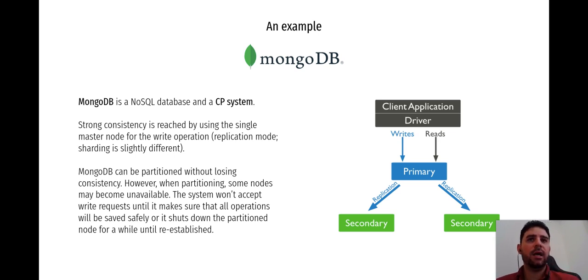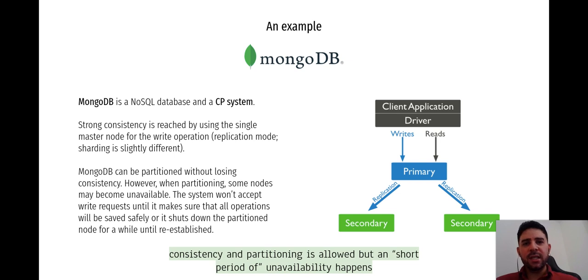So that's how MongoDB is stated as a CP system here. Consistency and partitioning are really allowed, but with a short period of unavailability of some of the nodes, by the node itself, by the server, or by the communication that is broken between the node and the master node. So that's why MongoDB is considered a CP system.